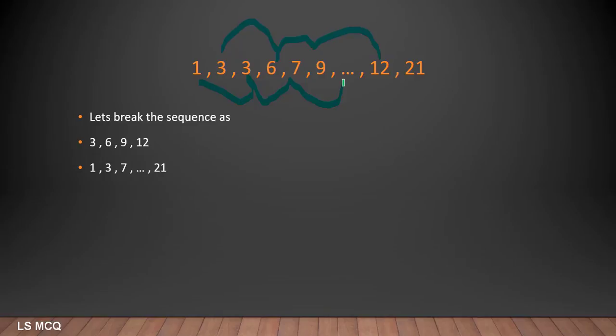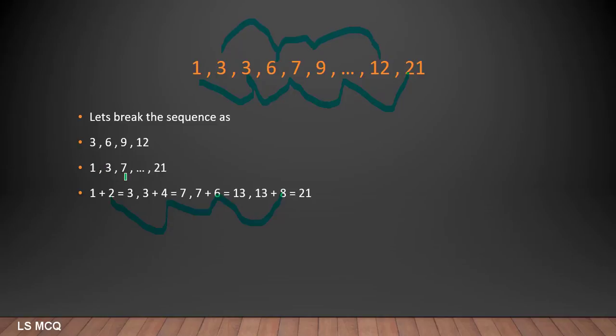In this question we will take 3, 6, 9, 12, and we will take 1, 3, 7, dash and 21. 1 to 3 is a jump of 2. 3 to 7 is a jump of 4. So first we jump 2, we jump 4, now we jump 6, and then we jump 8, and we will try to find if the sequence matches.